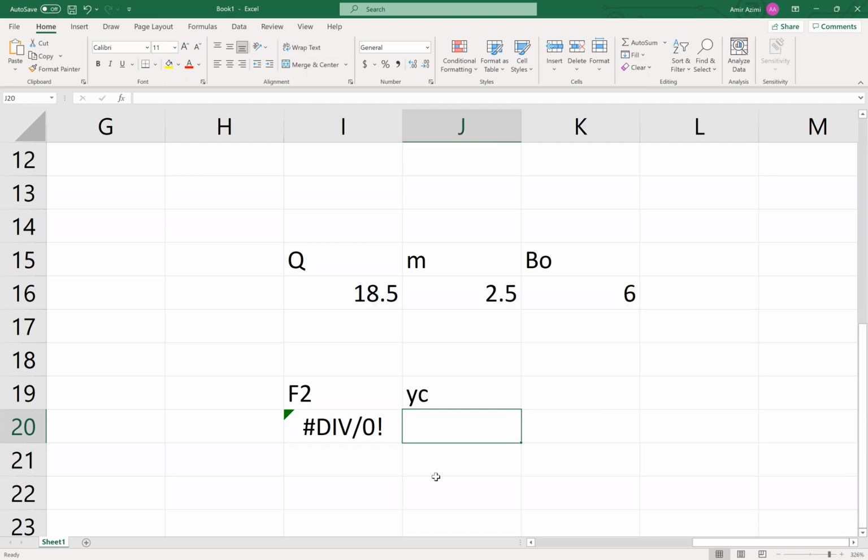So I start with YC. The value that we found from the graphical method was 0.864. So this is the value that we calculated from the graphical method. We want to see how close our Froude number equation is.